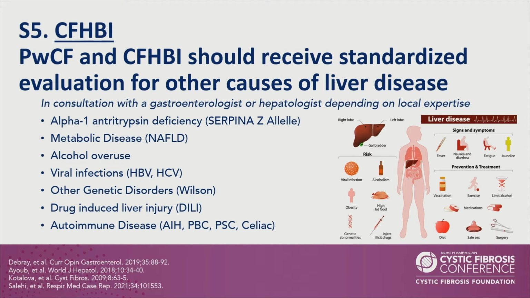As we all know, there are a variety of other liver disorders that can occur in persons with CF, in particular alpha-1 antitrypsin, which we all know has a potential modifying effect on the CFTR mutation. As patients live longer, there are a variety of metabolic and even genetic causes that can be modulators and can compound the risk of liver damage in persons with CF, and it's very important to not miss chronic viral infection, autoimmune disease, or genetic abnormality.